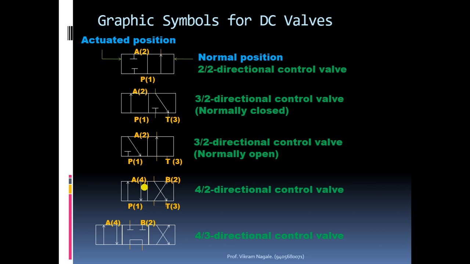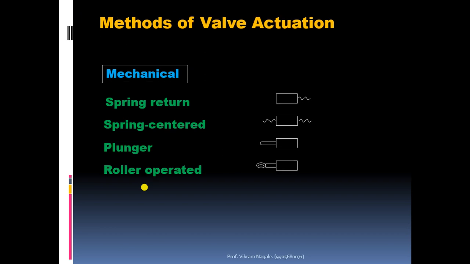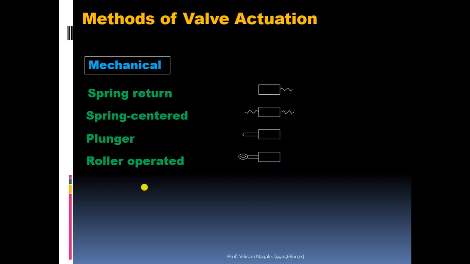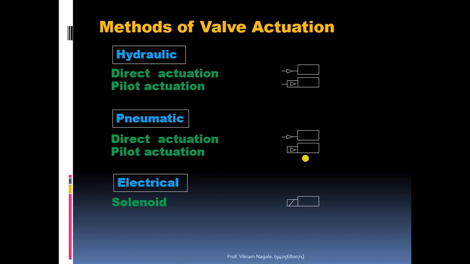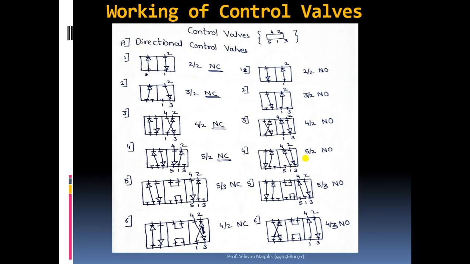Here you can consider the valves, and these are the actuating ways, by using a spring on the right hand side. It's called a spring return. We'll see the uses of these actuating mechanisms: pneumatic, hydraulic, and electrical.